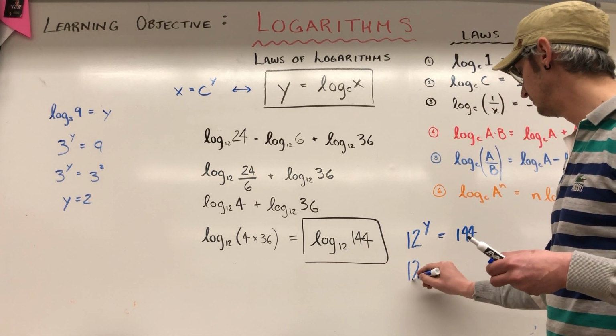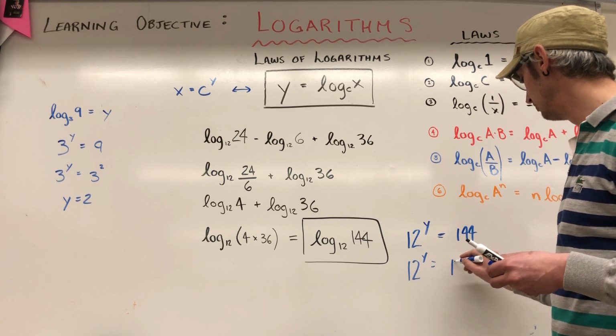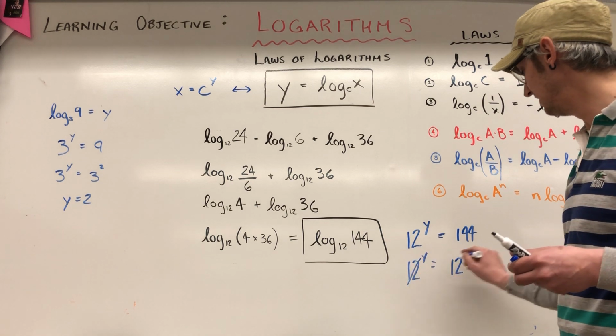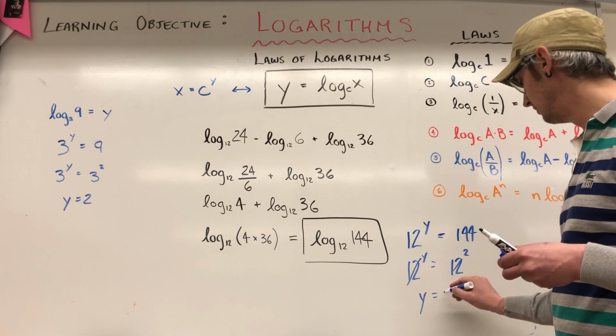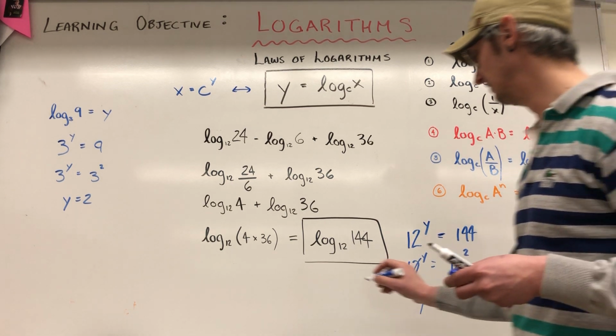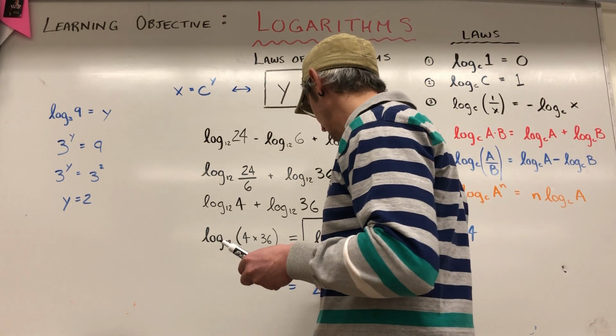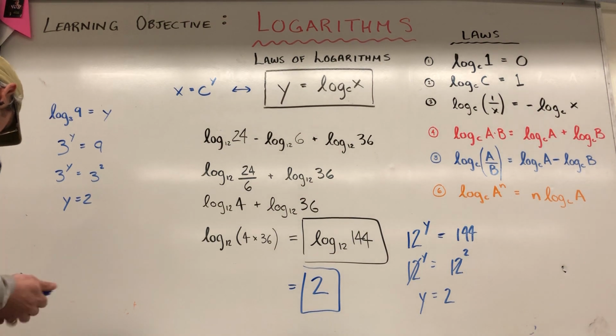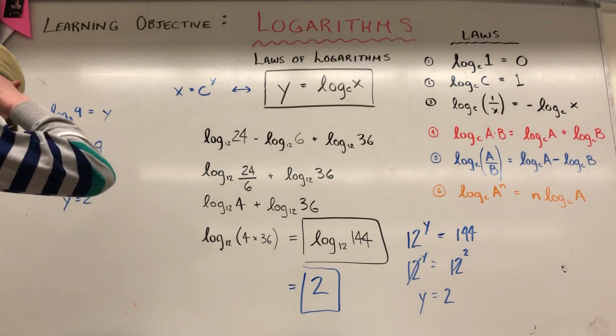And 12 to the y is equal to 12 squared. 144 is 12 squared. I have the same base now. y is equal to 2. So this is all equal to 2 in the end. Okay, let's try another one.